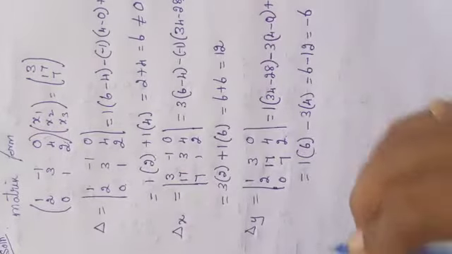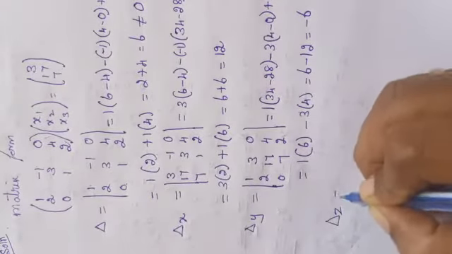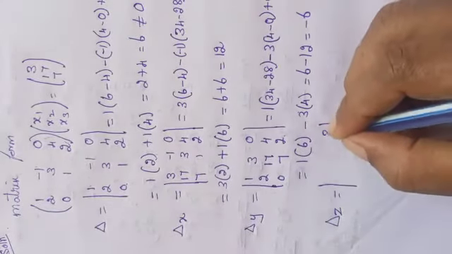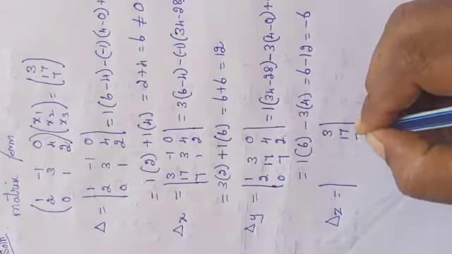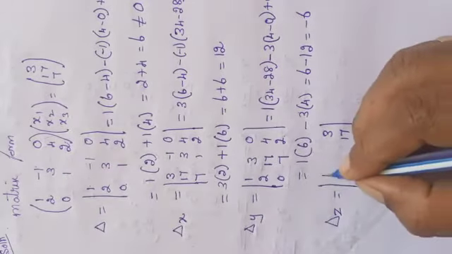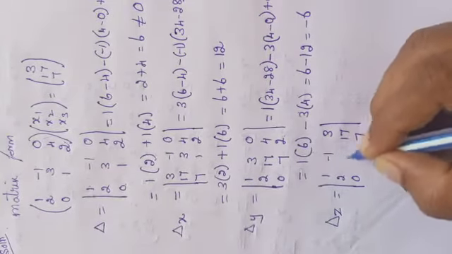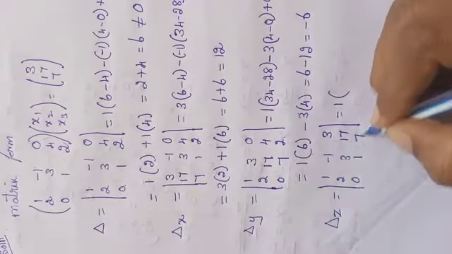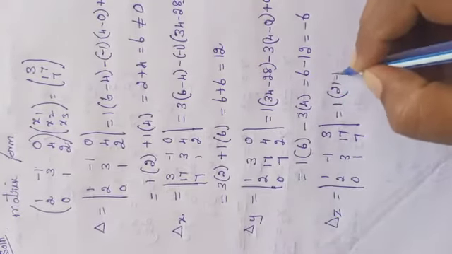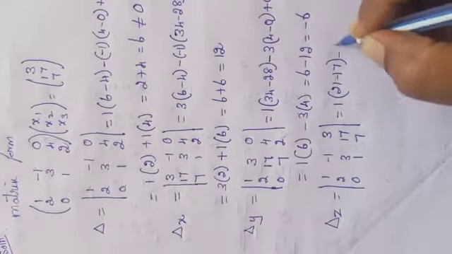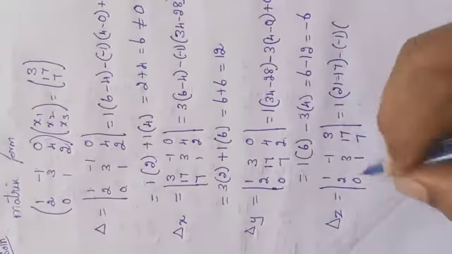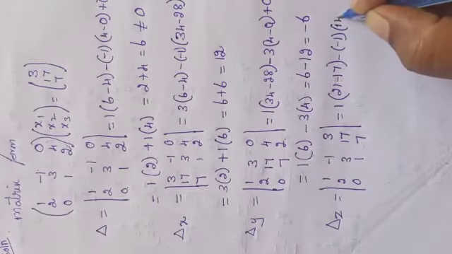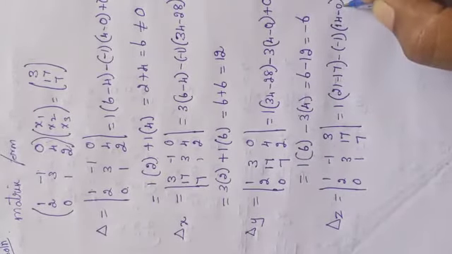Similarly, we should find delta z. That is, in place of the z coefficients, we have to substitute the constant values, the remaining as they are: 1, 2, 0, minus 1, 3, 1. Shall we simplify? 1 into, this is 21 minus 17. Minus of minus 1 into, this is 2 into 7, 14 minus 0.